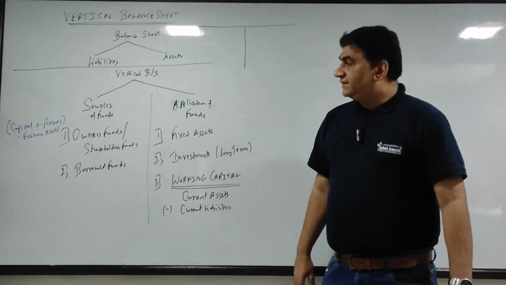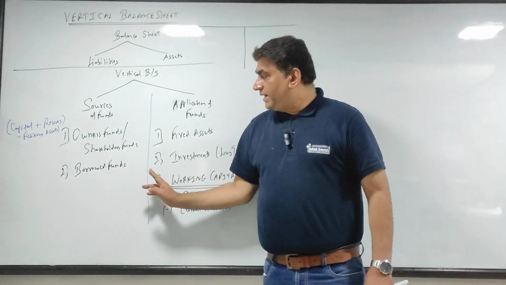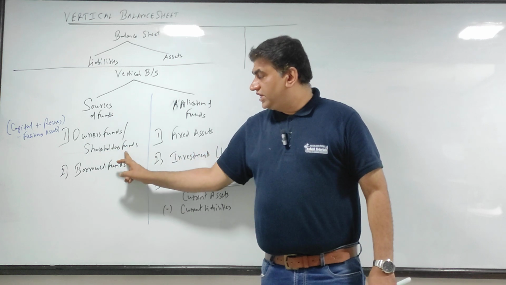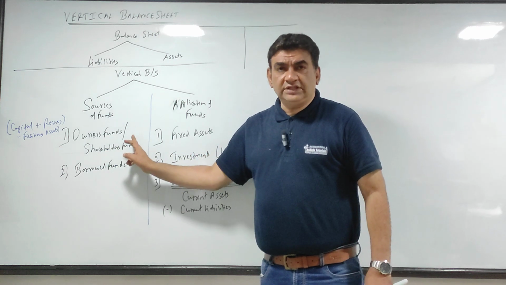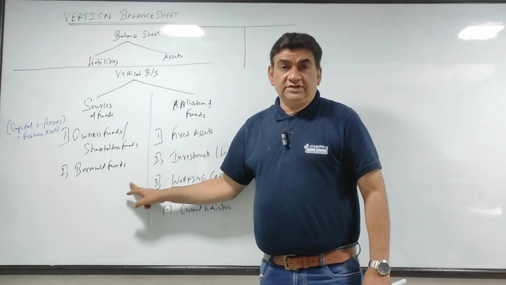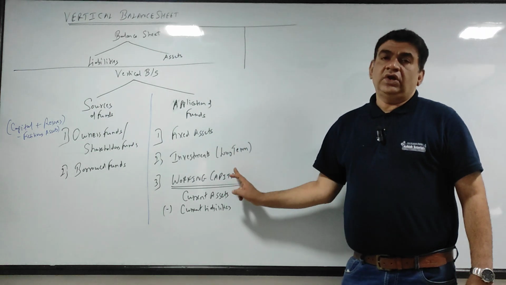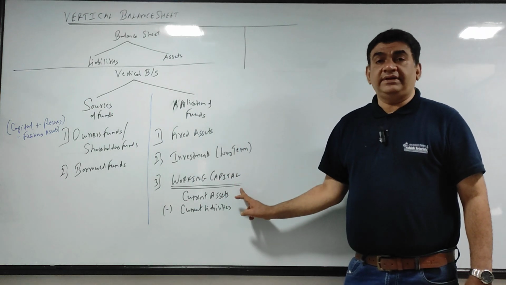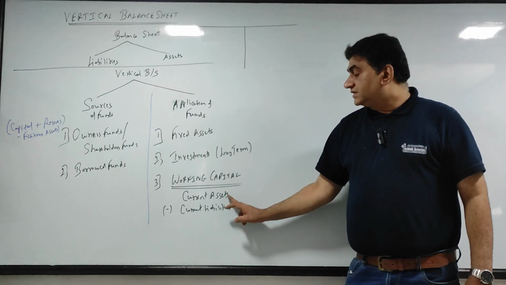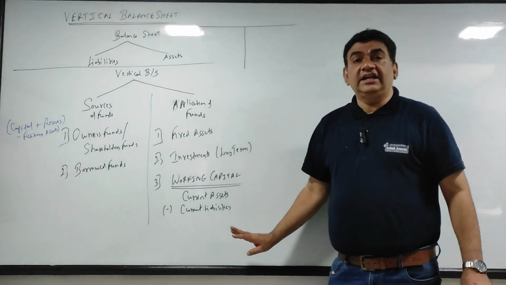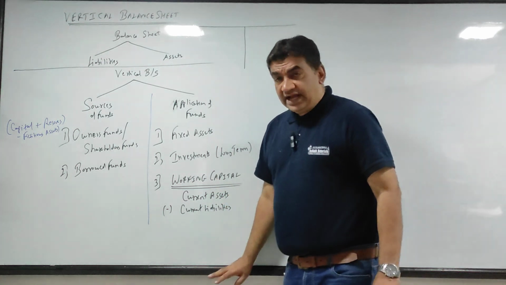Got it? So see, sources, 2 parts, owners funds, shareholders funds, both names. Second, borrowed funds. And application, 3 parts, fixed assets, long-term investments, working capital. And working capital is current assets minus current liabilities. Got it, guys?